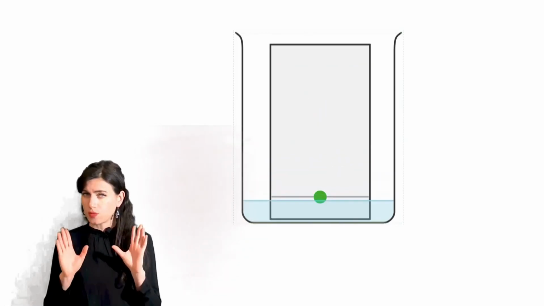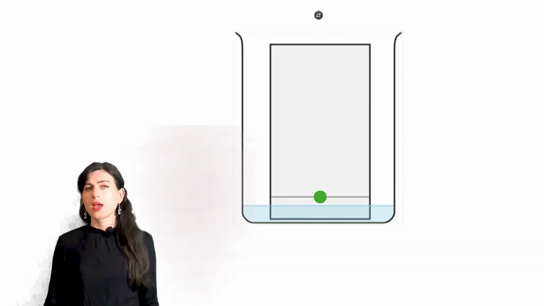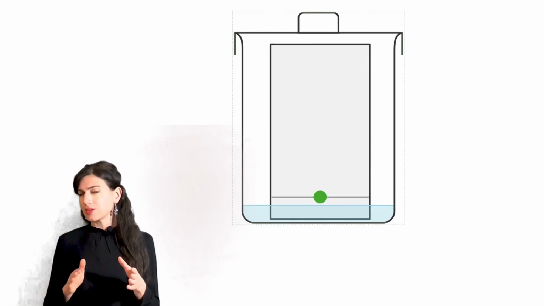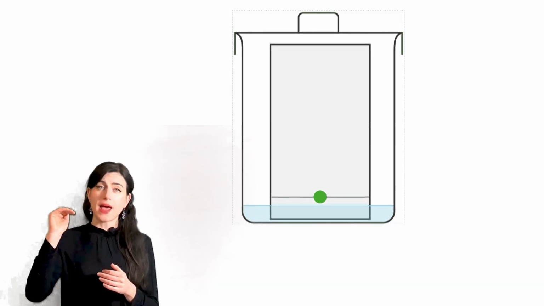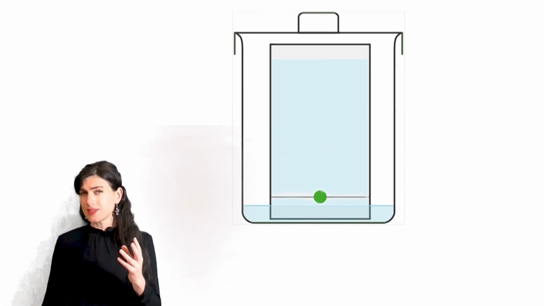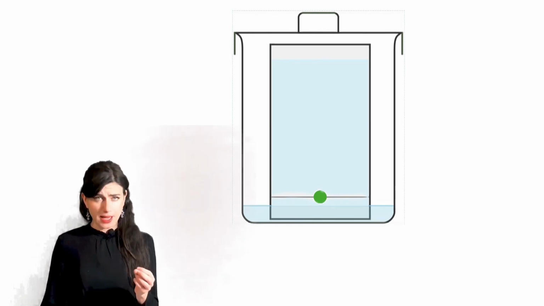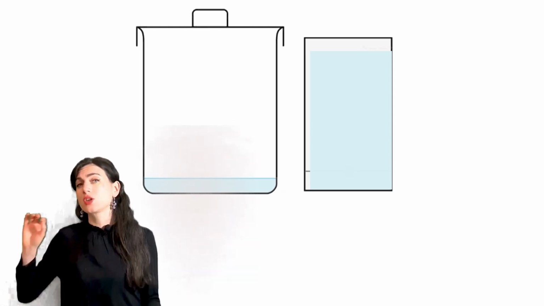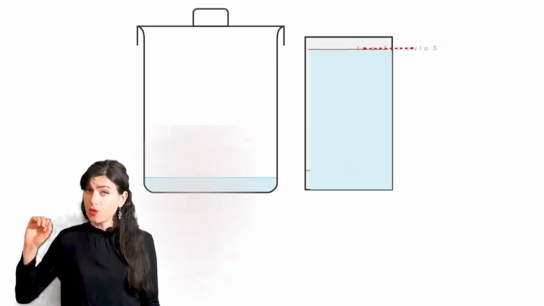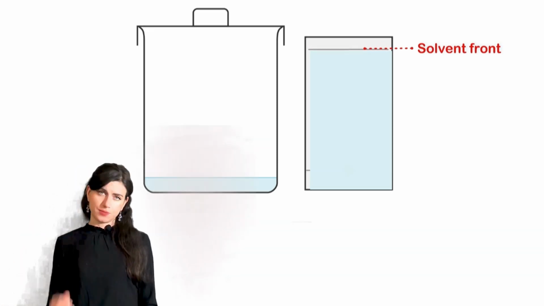So we take care of this. Then we close the elution chamber with the lid, and what happens? The solvent gradually rises up the TLC through capillary action. Once it's risen a few centimeters from the top of the TLC plate, we promptly remove the TLC, mark the solvent line with a pencil before the solvent evaporates, and our TLC is done.